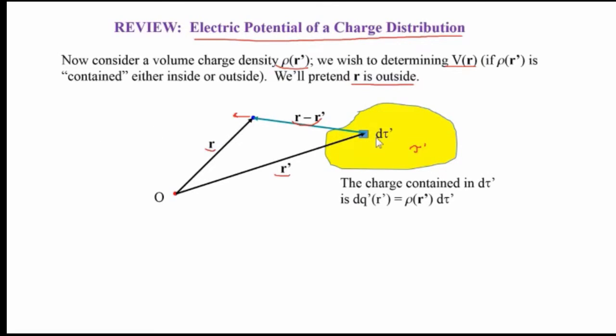Well, if we take our volume d tau prime and we have this ρ, which can be a function of position, that's why we write it as r prime for the argument. The little charge within this volume element is just the charge density at that position times the volume element d tau prime.